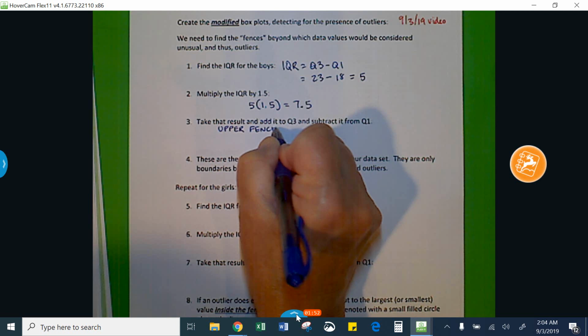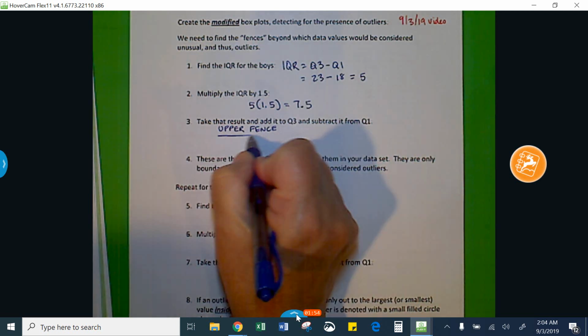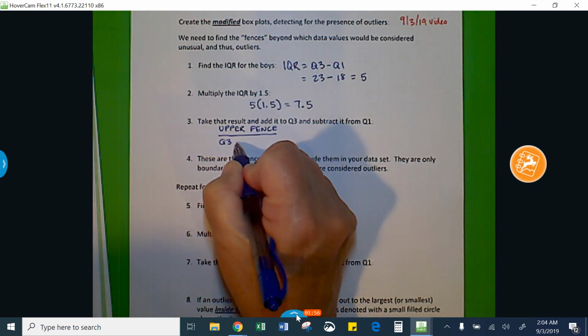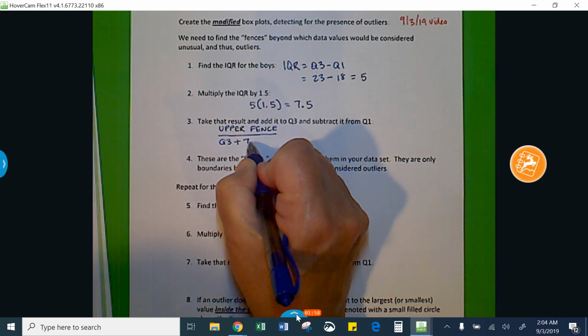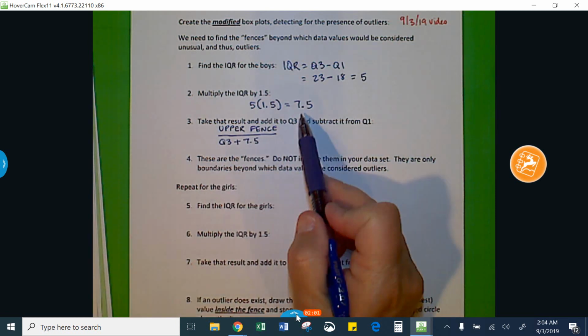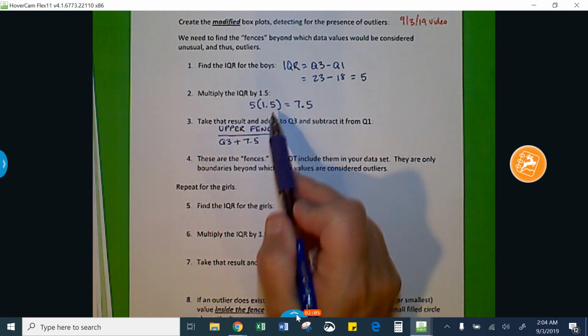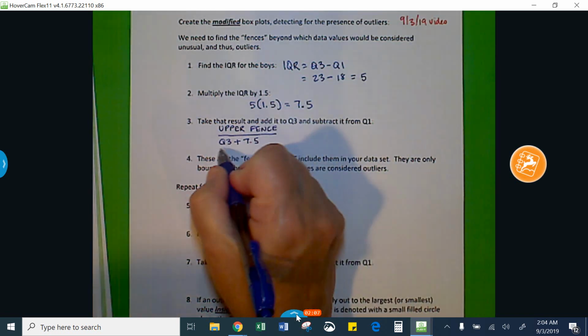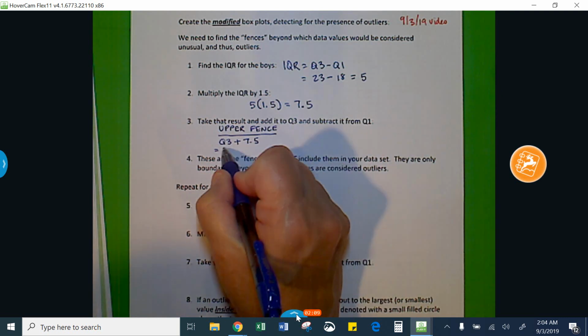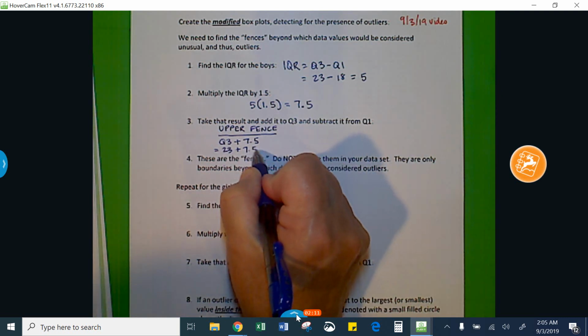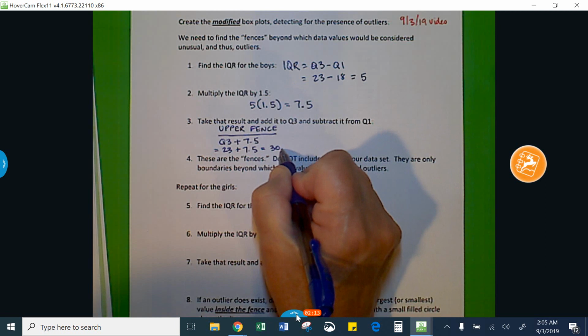For the upper fence, on the top part of your graph, you're going to take quartile 3 and add 7.5. It's not always going to be 7.5, but for this case it is 7.5. You would calculate this based on your actual problem. So quartile 3 is 23 plus 7.5. The upper fence is 30.5.